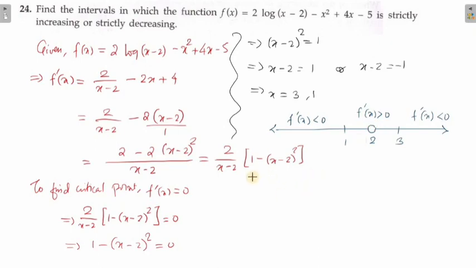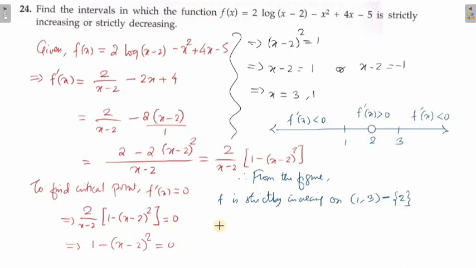Therefore, from the figure, f is strictly increasing on this interval, apart from 2, so it is an open interval again: open interval (1, 3) minus {2}.